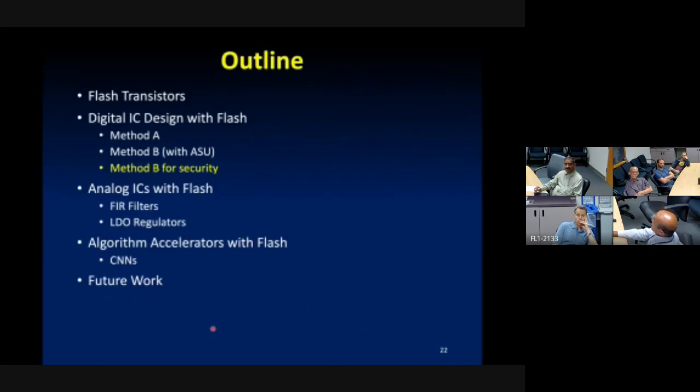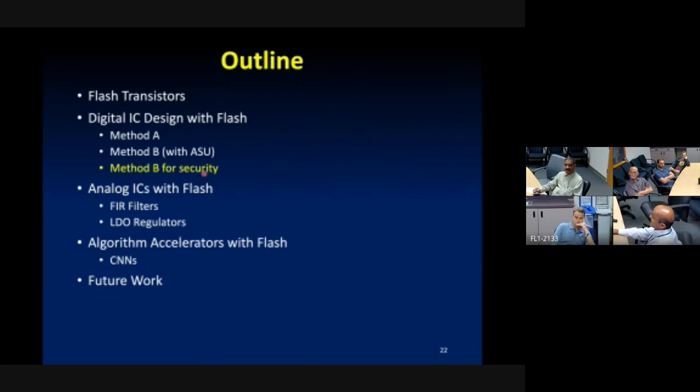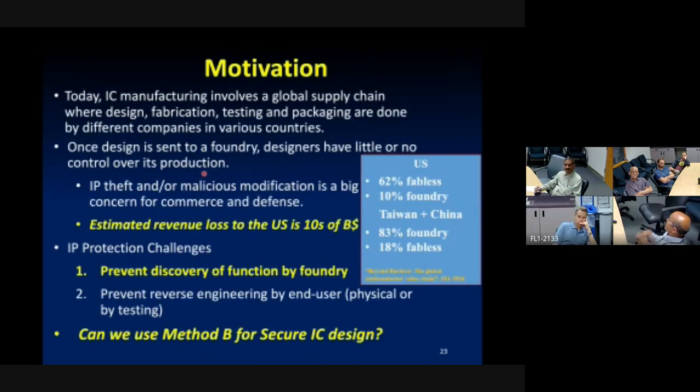Then comes the second method, the same method, but augmented for security. This is work that Xiaowei, who's on the call, has worked on. This is a paper we've just submitted. Here's the motivation behind this work. First of all, today's IC manufacturing has a global supply chain, correct?